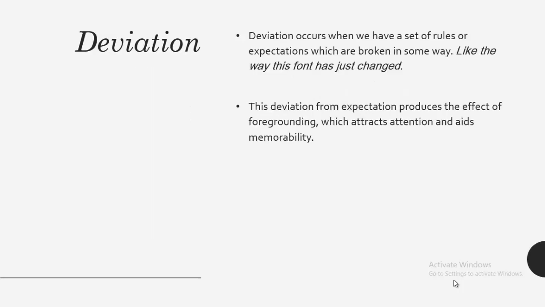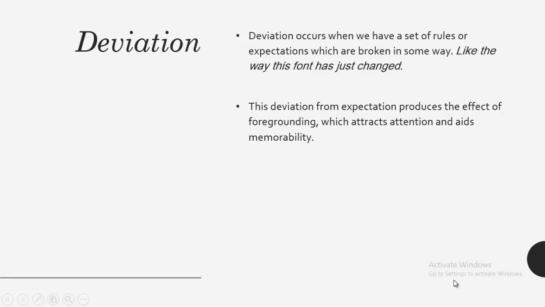So what is deviation? Deviation occurs when we have a set of rules or expectations which are broken in some way. Like the way this font has just changed, you can see that there is a proper pattern to this text. These words are in a particular font type and size, and we expect the rest of the sentence to be the same, but you can see that this sentence is different from this pattern, this font type and font size.